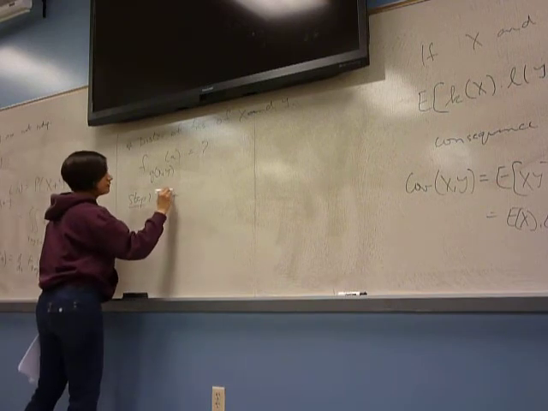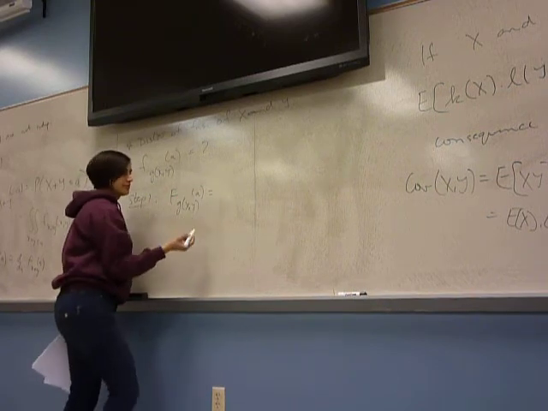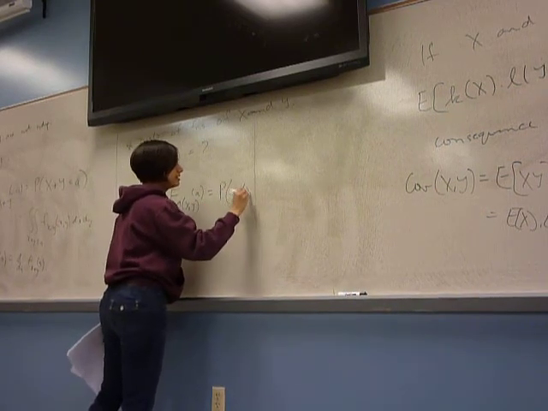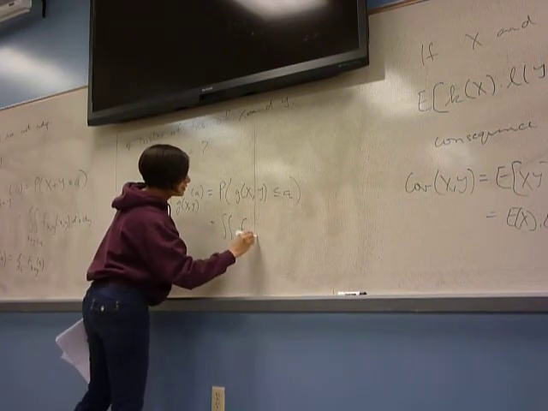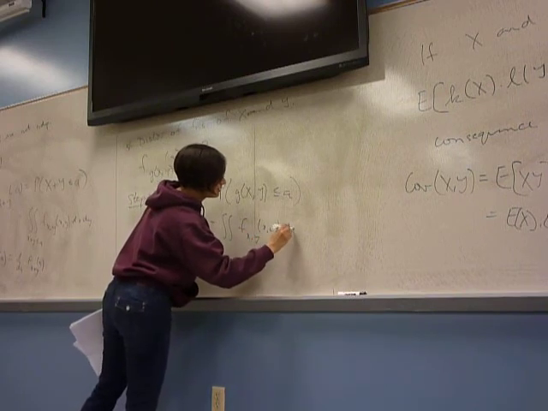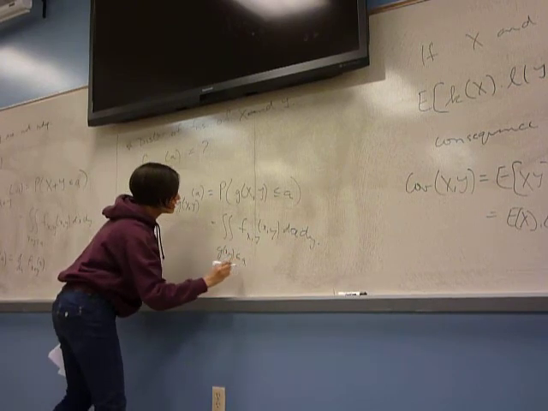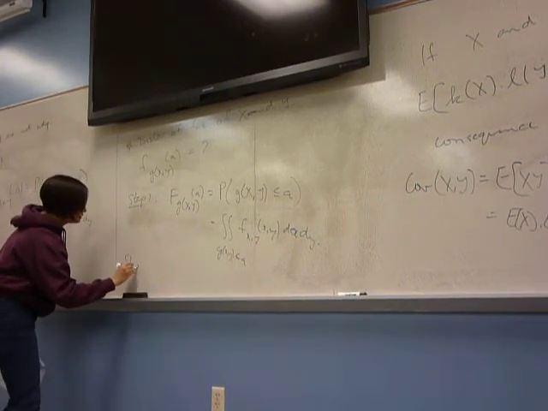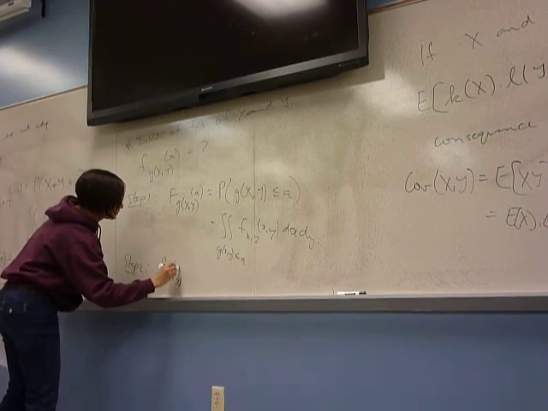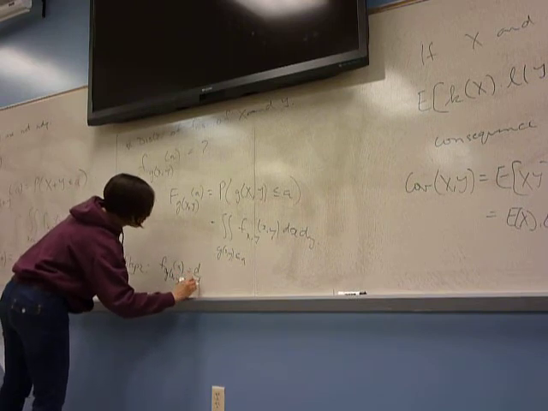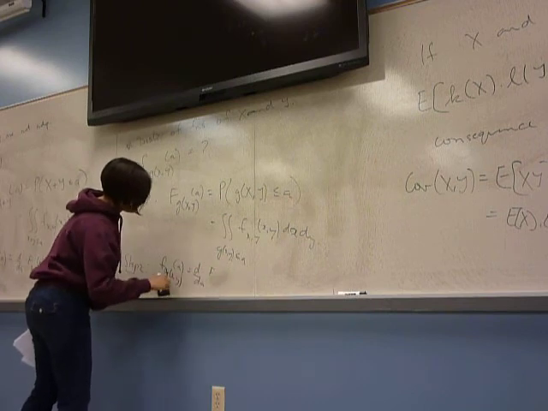Step 1, you first find the distribution function of this function of X and Y. That is the probability that this is less than or equal to A. So it's basically the integral of the joint density over the region where this is less than or equal to A. And then step 2 is to find the density function by just taking the derivative of the distribution function.